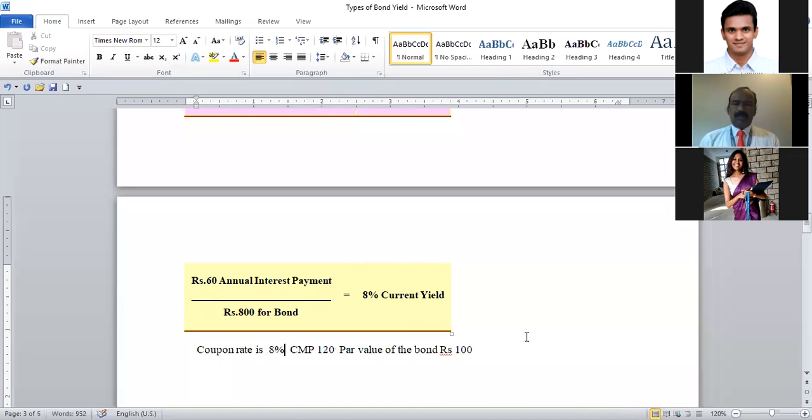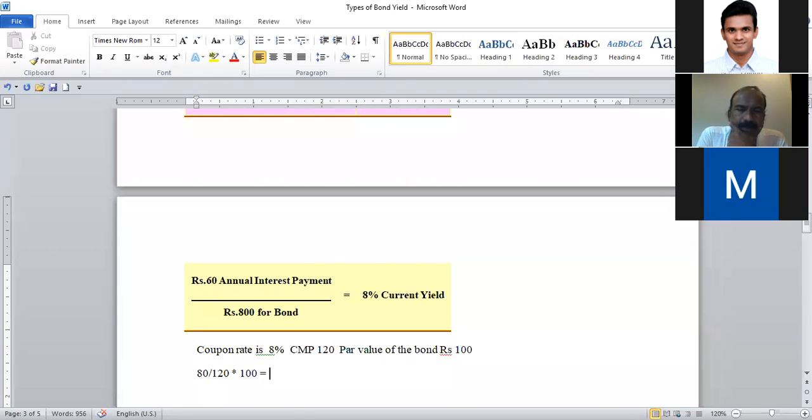So how much do we get? 80 divided by 120 into 100. How do you get it?